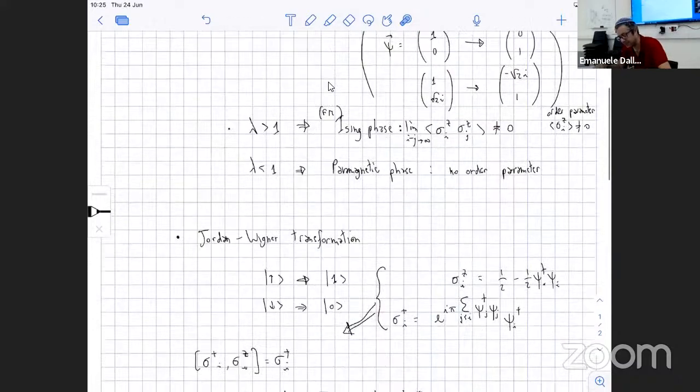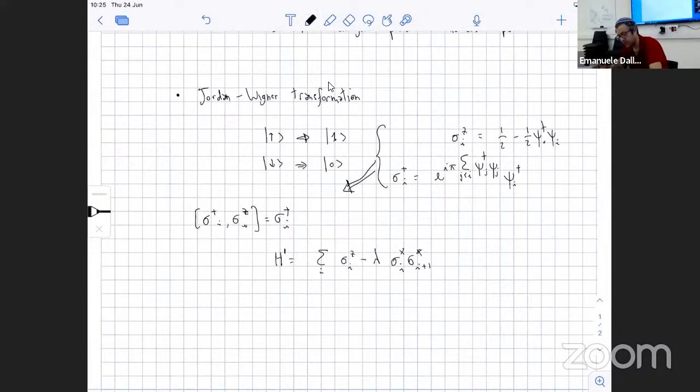But for simplicity, let me consider this Hamiltonian, in which the magnetic field is in the Z direction and the Ising coupling in the X direction. It doesn't really matter; it's about the same. You just flip the roles of sigma Z and sigma X.